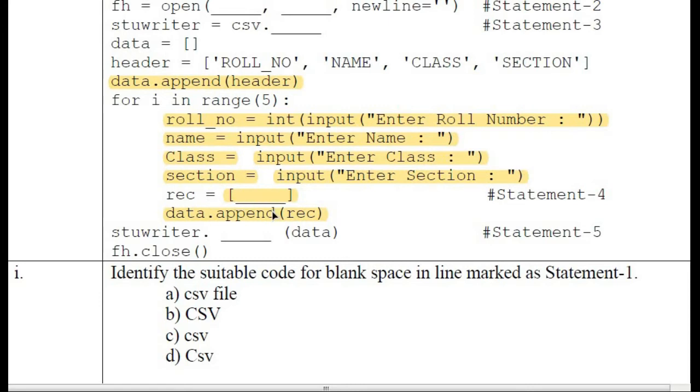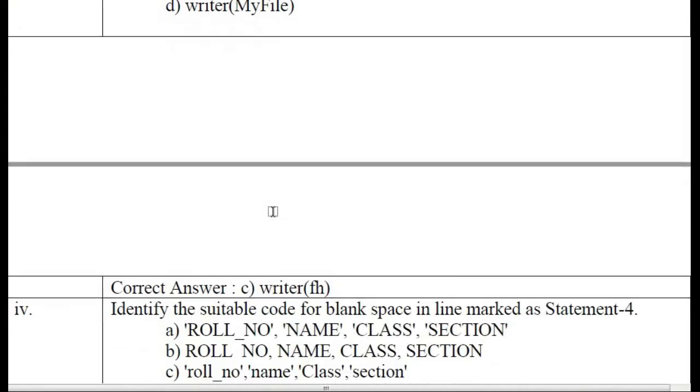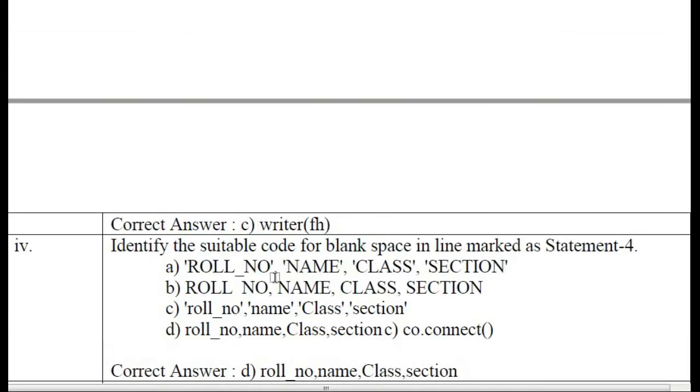We will see the options. rollno, name, class, section given in capital letters and also quotes used. Then next one, rollno, name, class, section again in capital letters. Then rollno, name, class, section in lowercase, same case as our identifier. But see here quotes given.